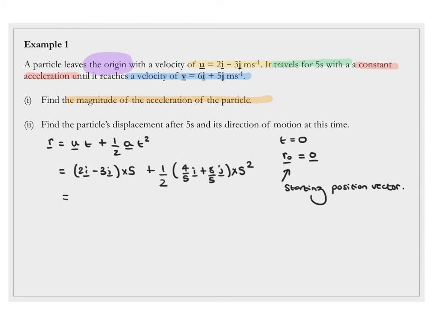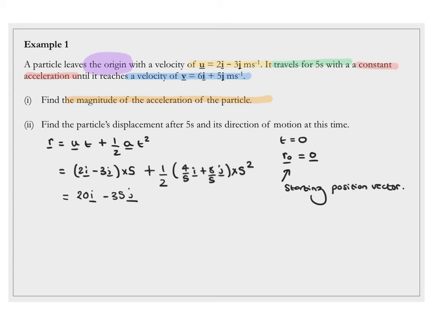Let's work this out. Remember, you need to collect i components and then j components separately. It's almost like collecting like terms in an algebraic expression, where previously you would have collected x terms and y terms. Now collect i terms and j terms separately. Now you should find you get 20i minus 35j.